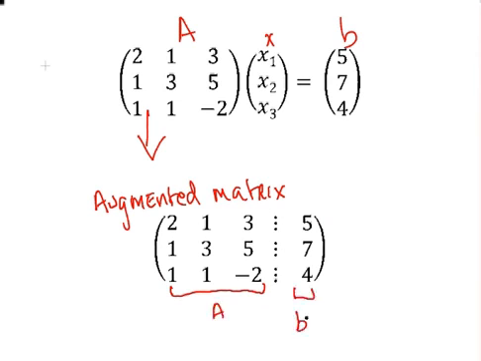Now just to make the distinction between which parts are which, we would generally write some dots in between the two components of the augmented matrix to sort of specify what came from where. And anyway, that is our augmented matrix.